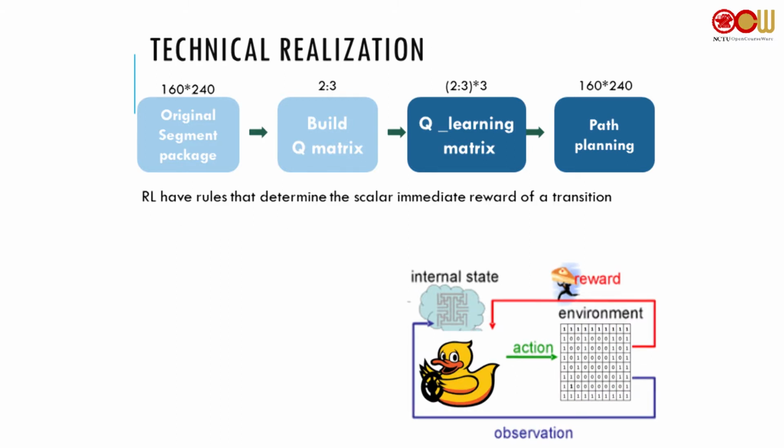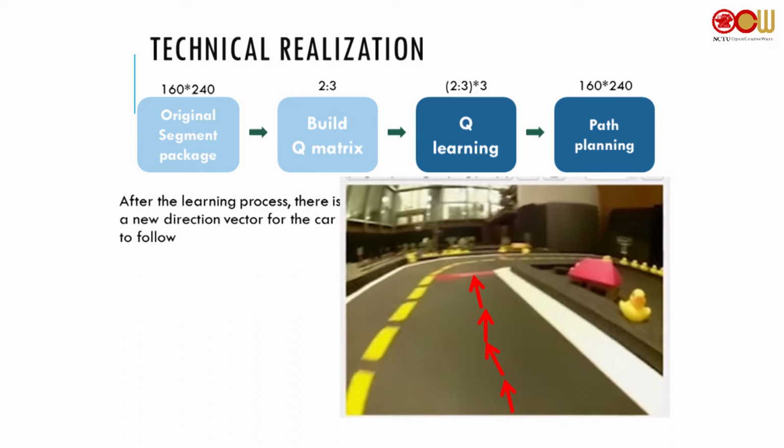Reinforcement learning has rules that determine the immediate reward of a transition, so we can get the reward like this one. After learning, we can find the path to get back to the lens filter, so the document can work like moving in the middle of the road.